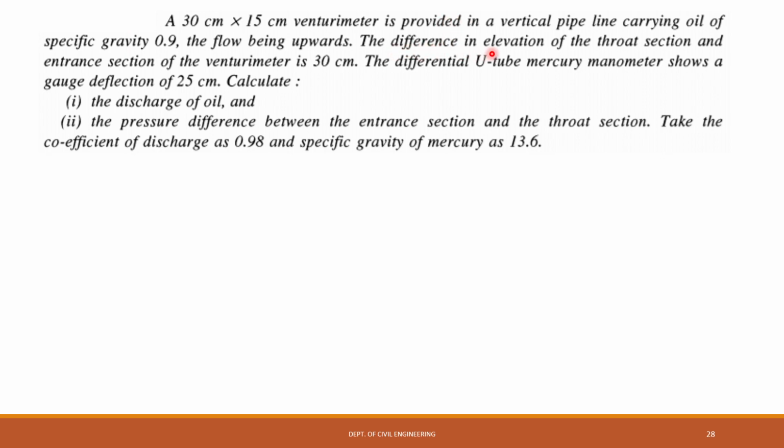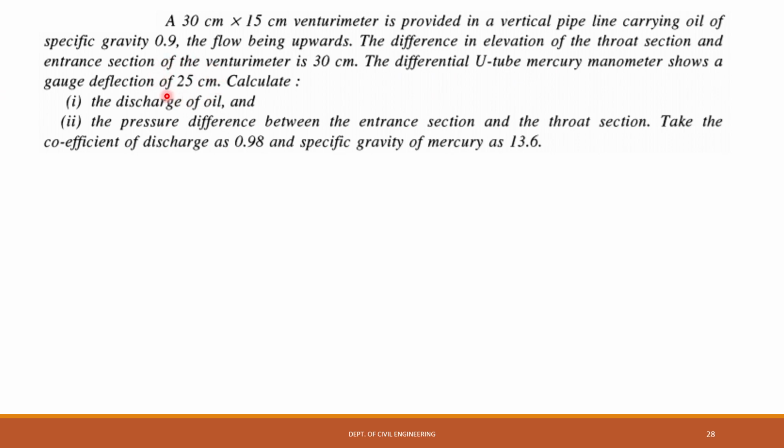The difference in elevation of throat section and the entrance section of the venturimeter is 30 centimeters. So the difference Z1 minus Z2 is 30 centimeter, and the differential U-tube manometer shows a gauge deflection of 25 centimeters.